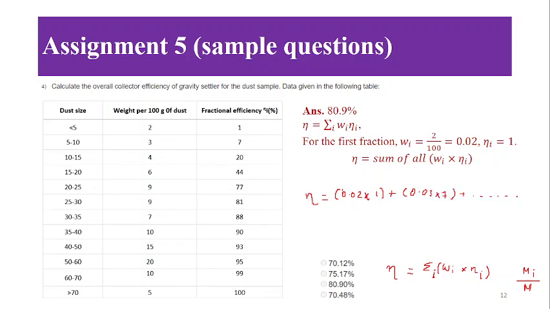I mean, you get the idea how to do this. And last will be 0.1 into 99 plus 0.05 into 100. So when you sum all this, you get the efficiency as 80.9%.